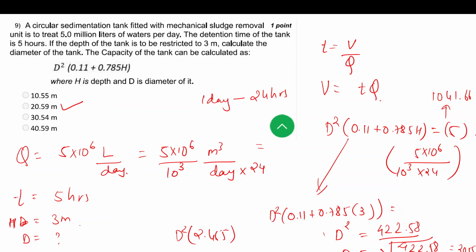Now if you divide 1041.66 by 2.46, it will come out as 422.58, and further on taking the square root, it will come as 20.55. Yeah, got it. Okay. Everyone else getting me?